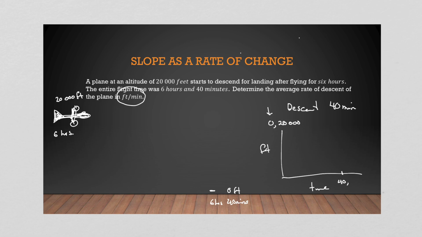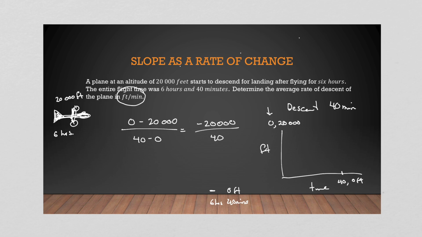So what does this look like for a slope? Well, y2 minus y1, 0 minus 20,000 over 40 minus 0 gives us negative 20,000 over 40.